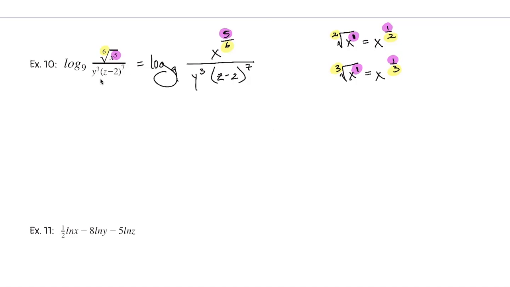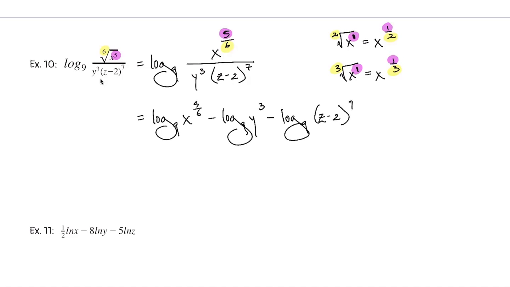All right. So that's sort of like a prep that I do for myself. I make sure that I can see all of the powers. And then I'm going to unpack them. Maybe it's best if we unpack addition and subtraction together. So log base 9 of x to the 5/6 minus log base 9 of y to the 3rd and minus log base 9 of z minus 2 to the 7th.